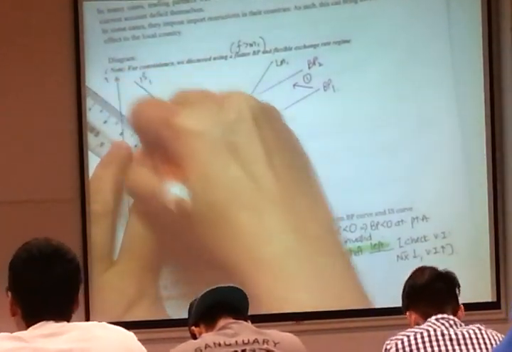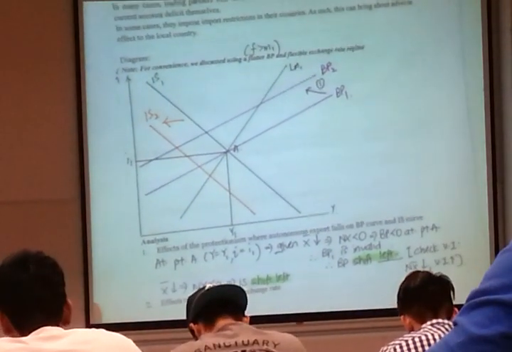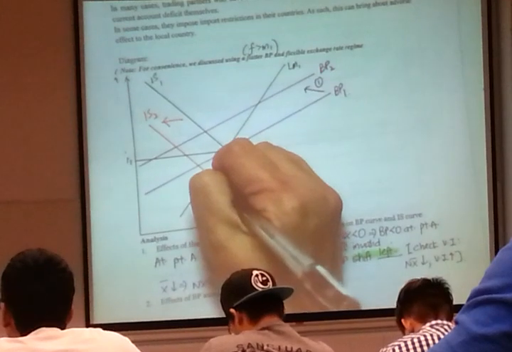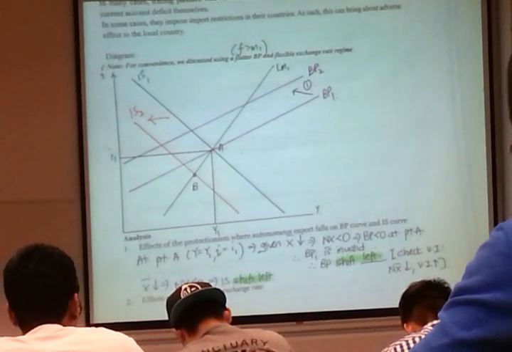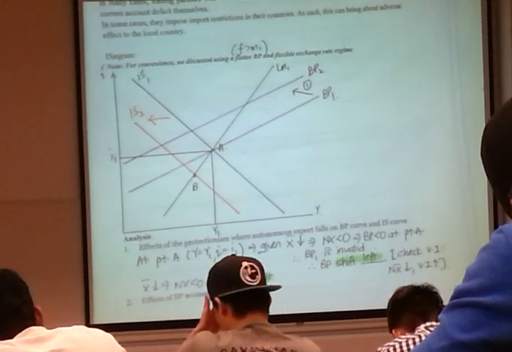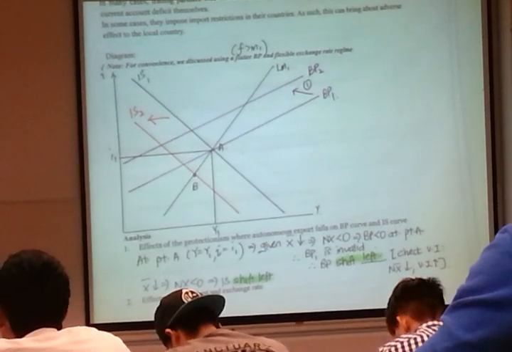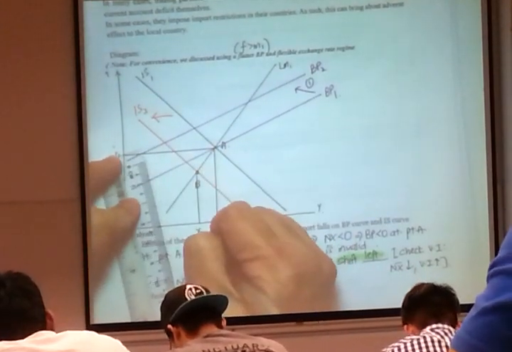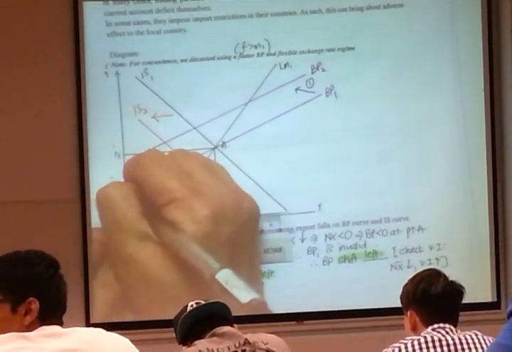Do a reasonable size to shift the IS. There are a lot of lines, but remember, it's always IS-LM, so this is your point. Both IS and BP shifted to the left. The BP shifts first because the country's BP is no longer 0. Then over time, the IS will shift. So you reach point B. Mark down the income, which has dropped, and the interest rate, which has dropped.